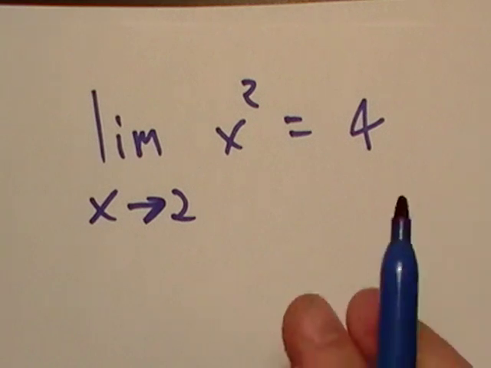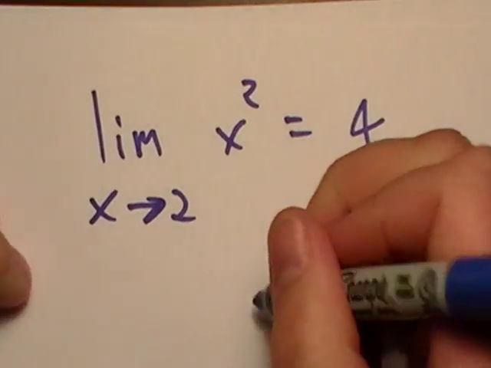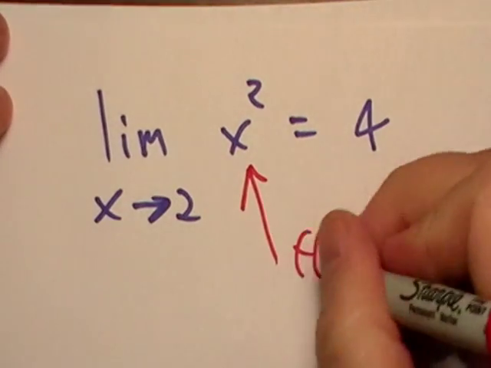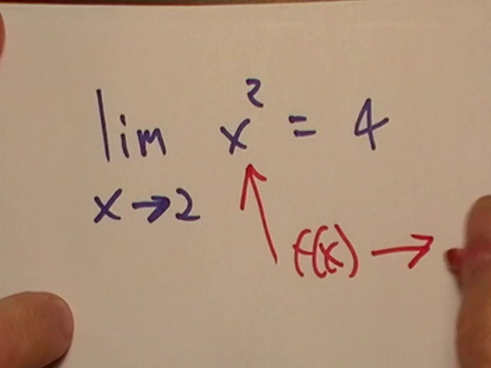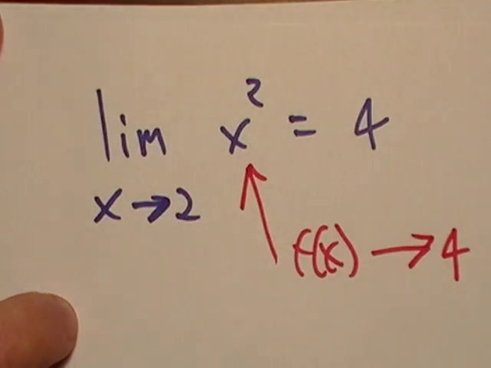But just remember, the function f of x approaches 4, so the limit is equal to 4. If the function approaches 4, then the limit is equal to 4.